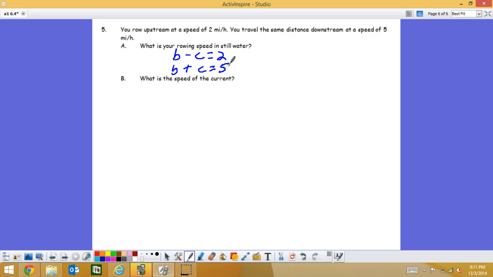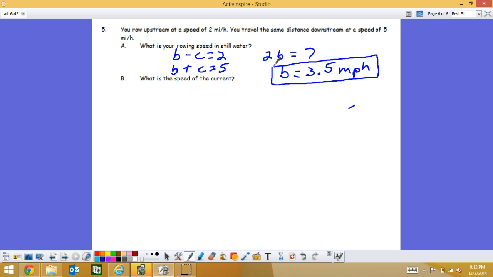That's why we add the current. Now this is a perfect elimination problem, because when we add those two equations together, the C's cancel, so we have 2B is equal to 7. So if you were in the boat in still water, you would be traveling 3.5 miles per hour.